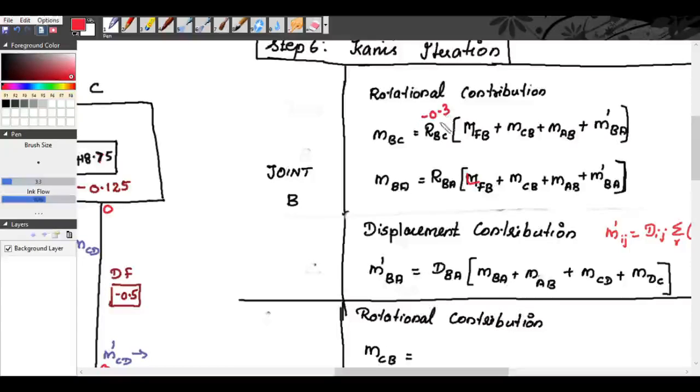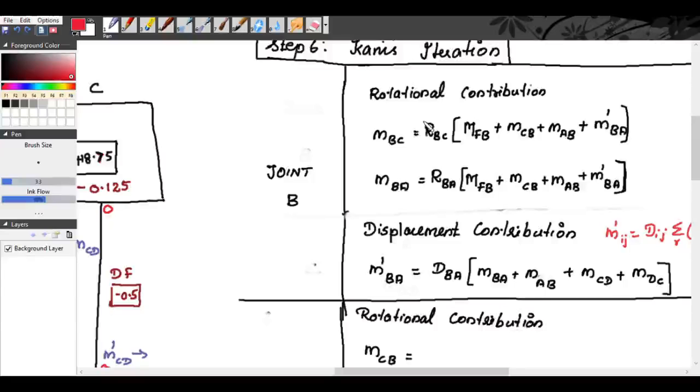This is not going to change. RBC is not going to change and RBA is not going to change.